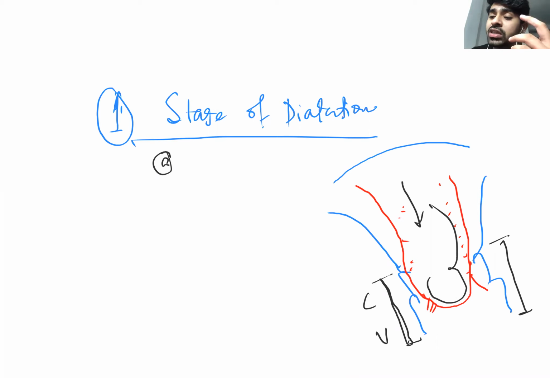So you have to rupture this membrane first if you want the baby delivered out. The first change is that the amnion will be ruptured.